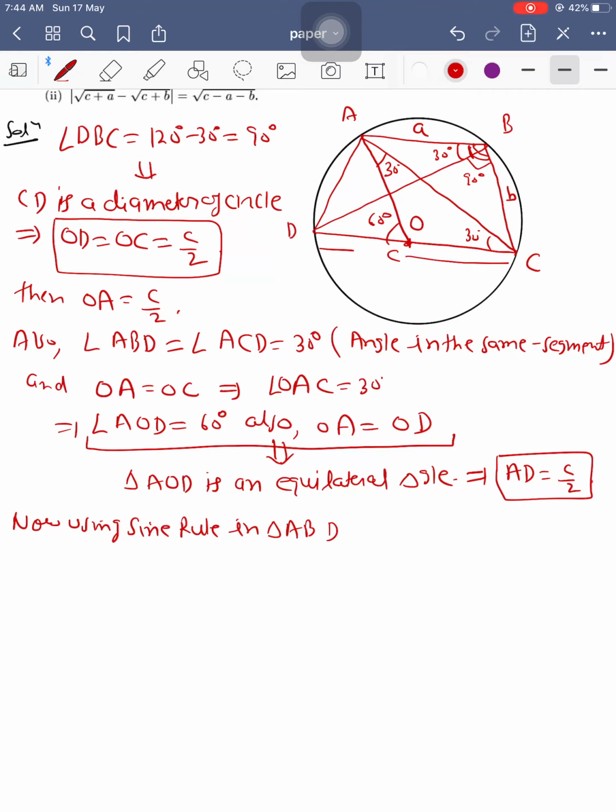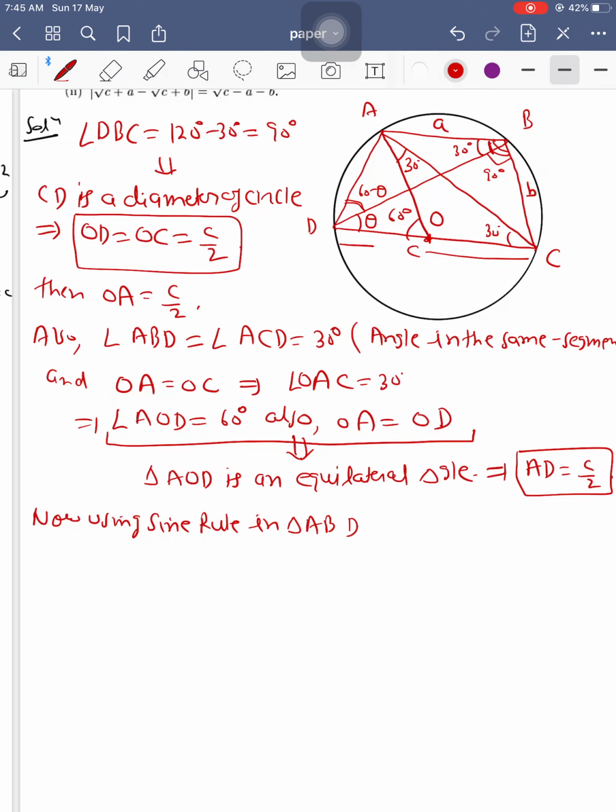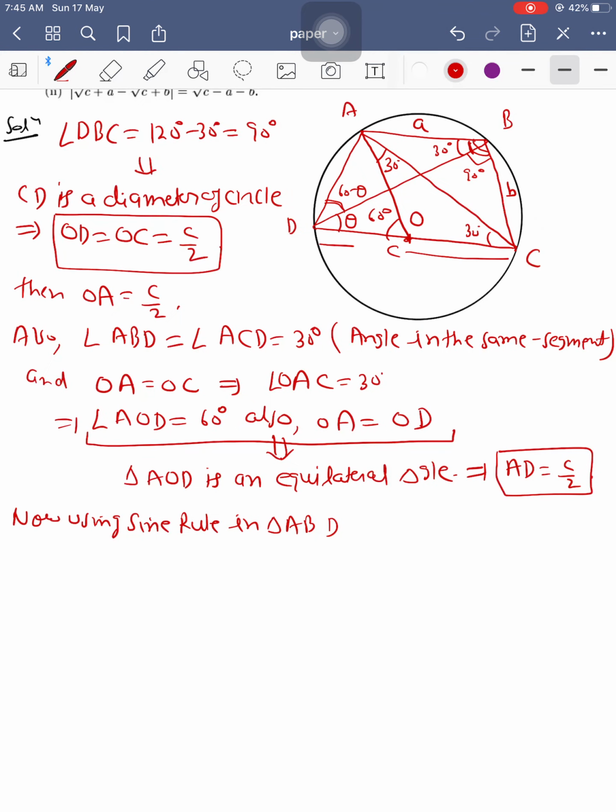First, suppose this angle BDC is theta, then the remaining angle, this angle is what? 60 minus theta. And using sine rule in triangle ABD, we can write A upon sine 60 minus theta equals to AD upon sine 30.